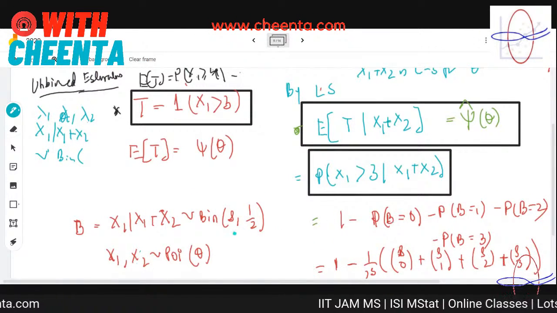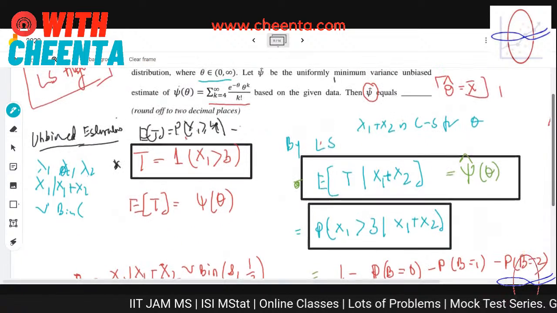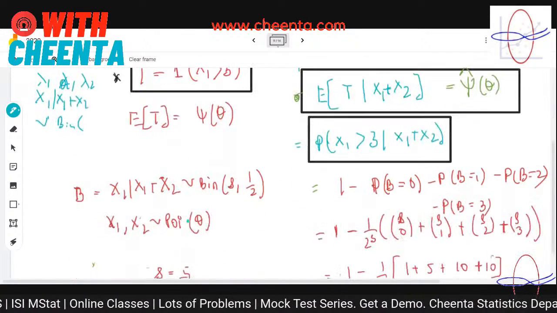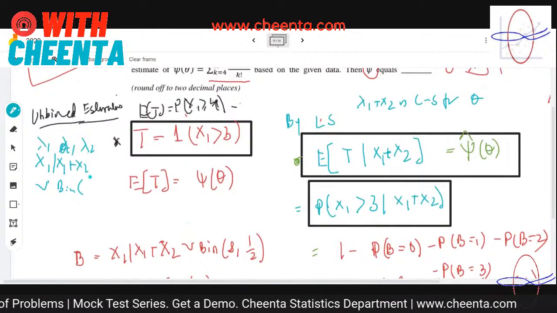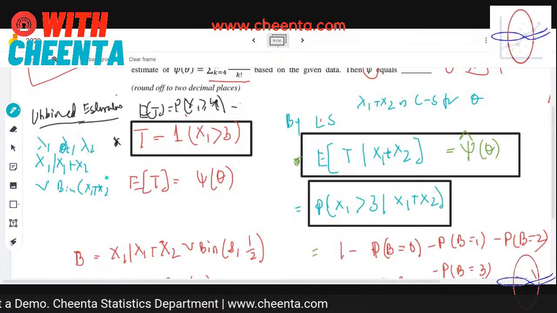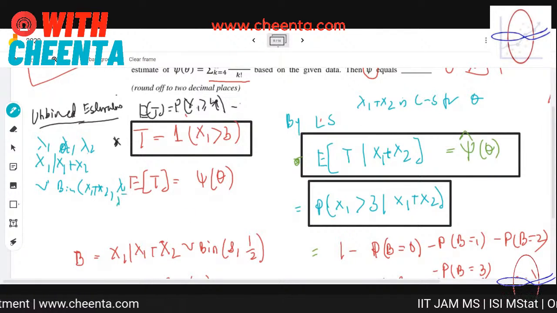It follows binomial with X1 plus X2 trials and probability lambda 1 by lambda 1 plus lambda 2.